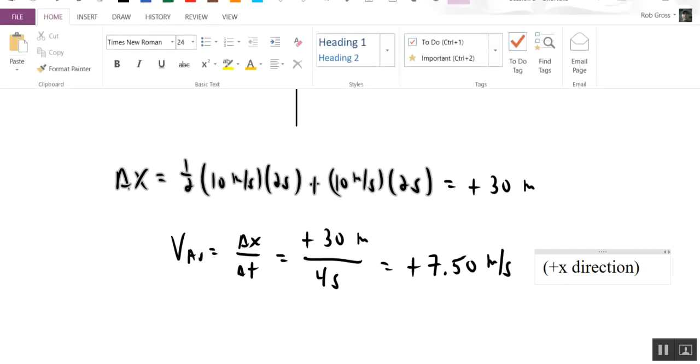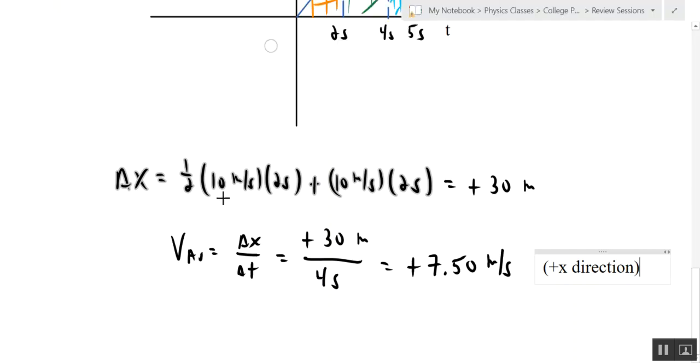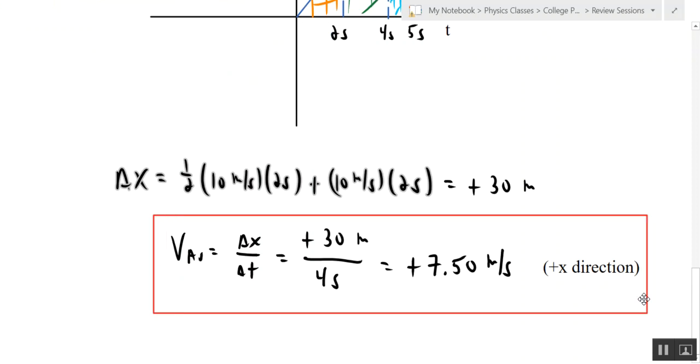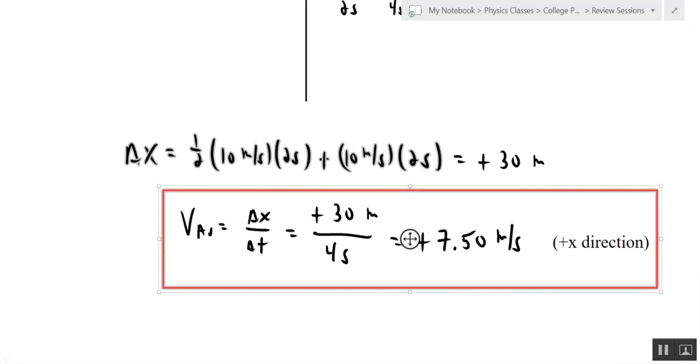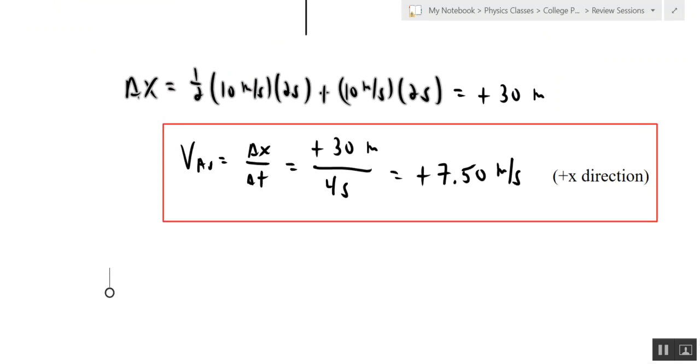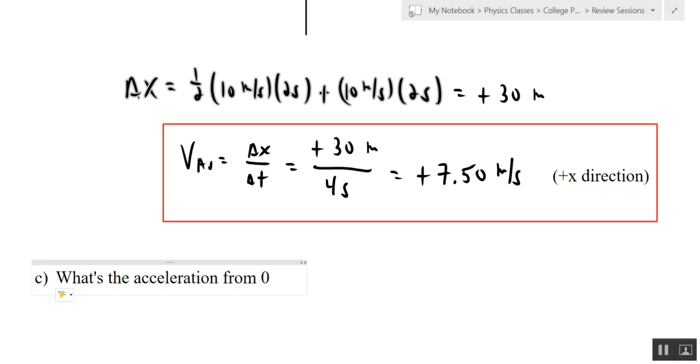Okay, so the other thing, of course, you can get from v versus t graphs, besides displacements and things related to displacements, is the acceleration. So the question is, what's the acceleration from 0 to 2 seconds?